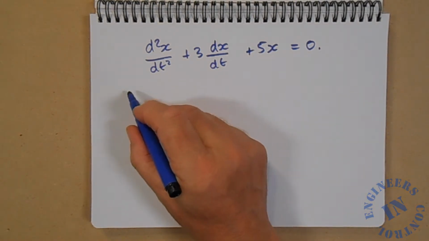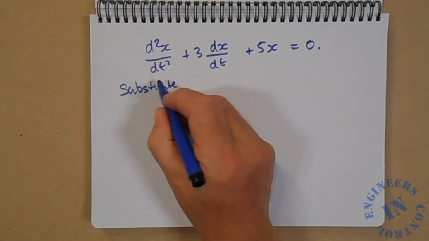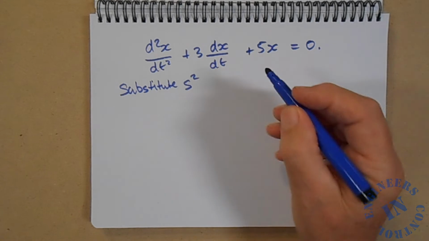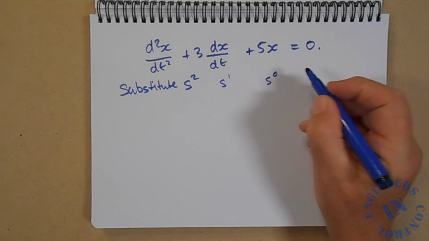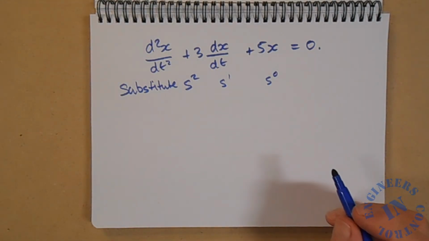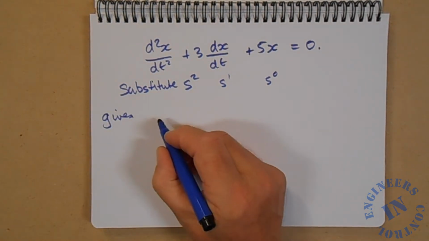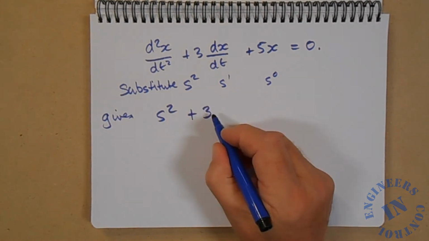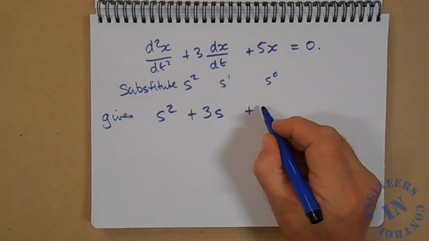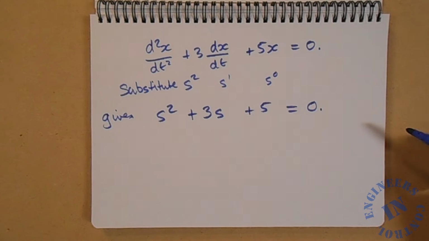So substitute s squared, s to the power 1, s to the power 0, which is 1, and what we end up with is s squared plus 3s plus 5 equals 0. And that is Oliver Heaviside's simple substitution.